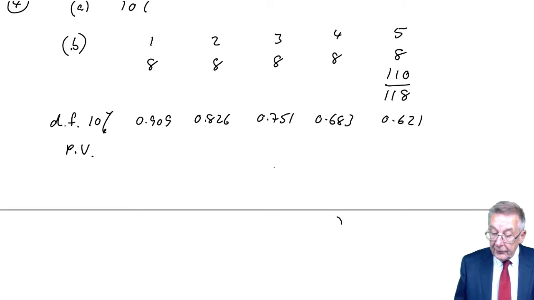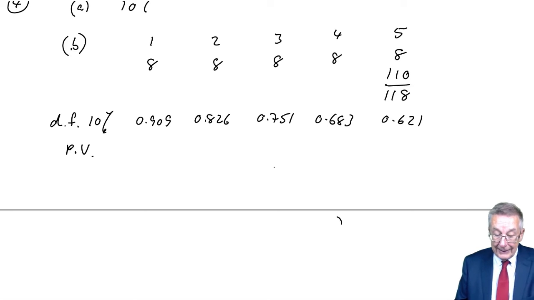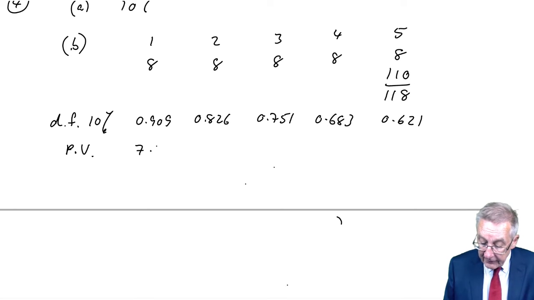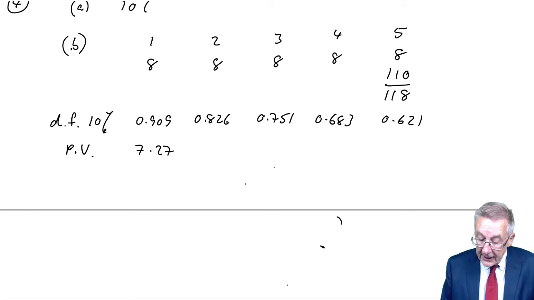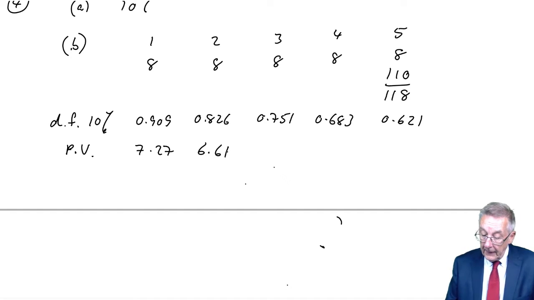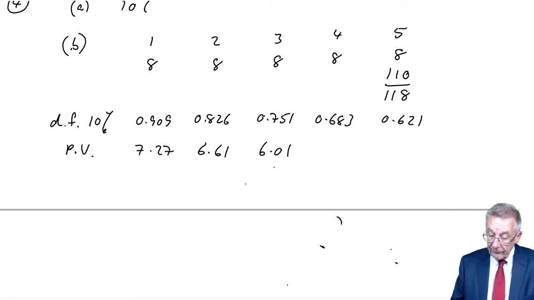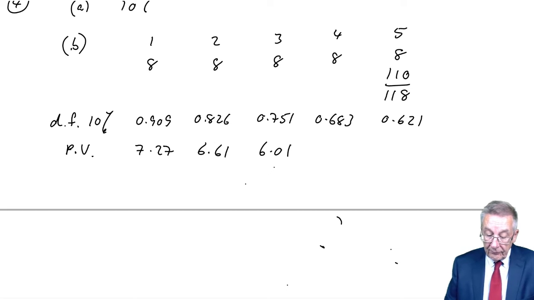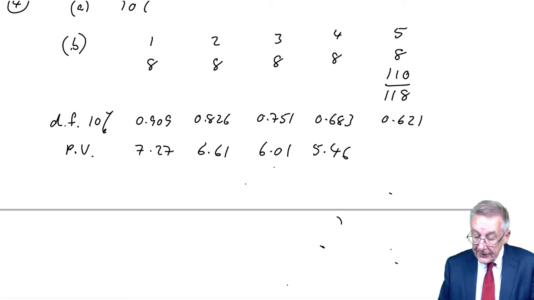The present values, therefore, I know, again, we've done it before, but still, it's 7.27, 6.61, 6.01, 5.46, 73.28.